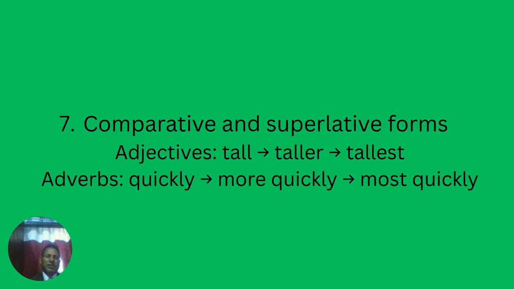We can also talk about comparative and superlative forms of adjectives and adverbs. Adjectives are usually made comparative by adding er or est, and sometimes we can also use more and most. And in the case of adverbs, we use more and most.